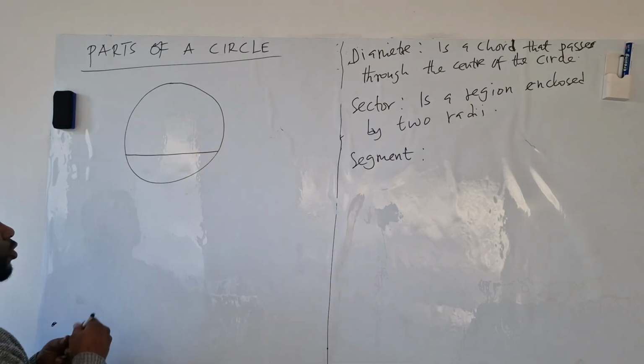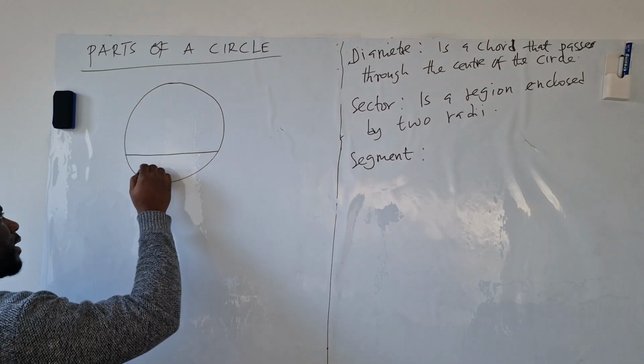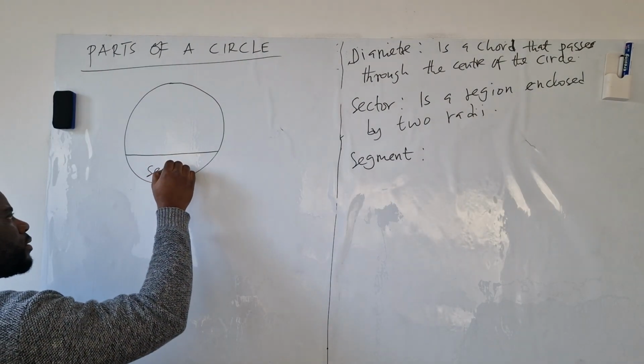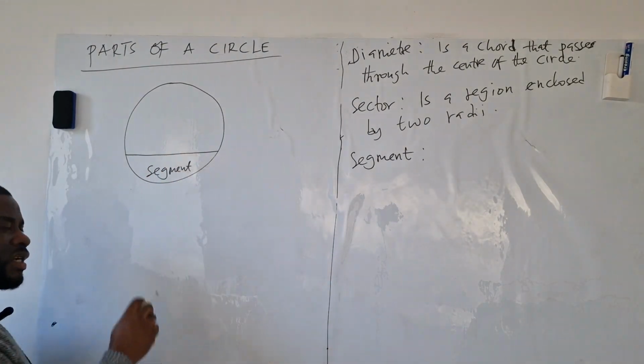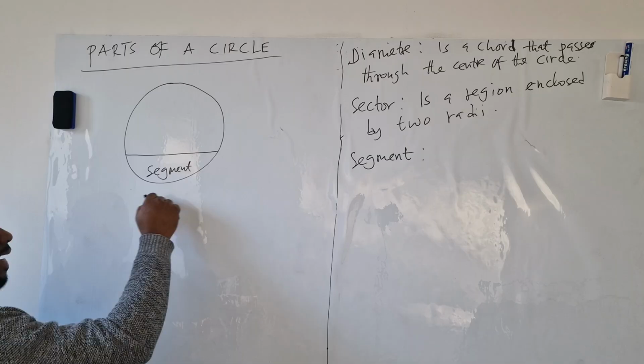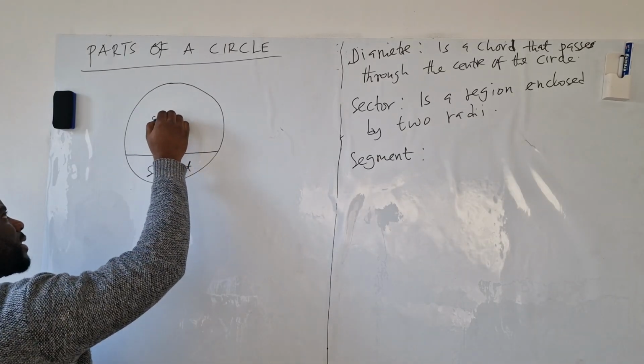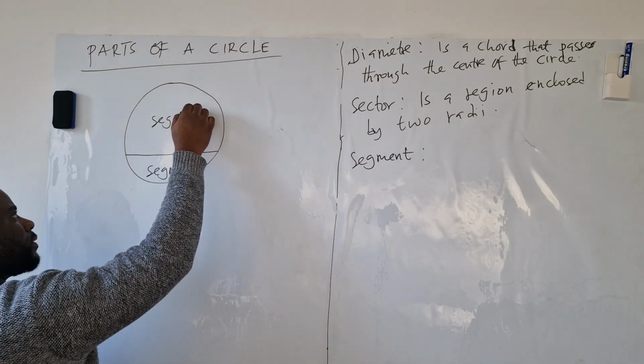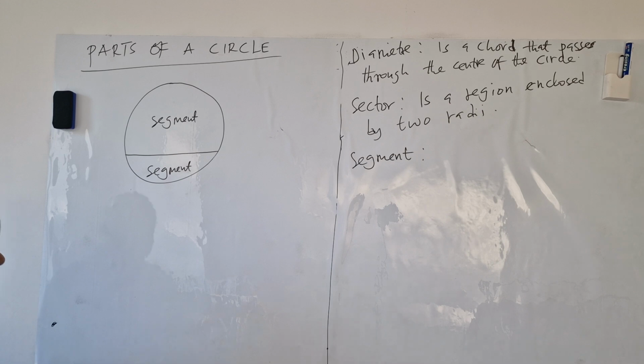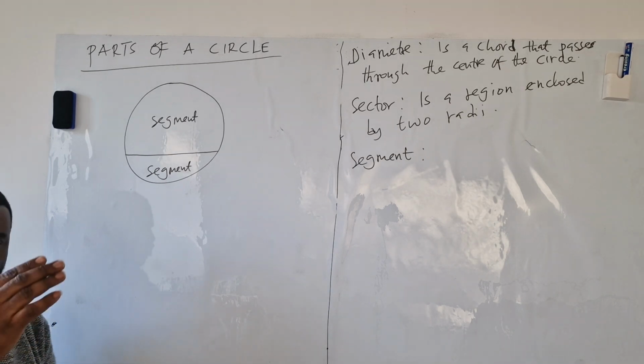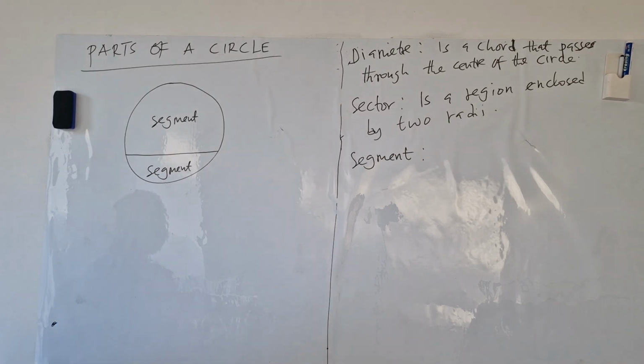That region enclosed by the chord and the arc, we call it a segment. So whenever there's a chord in a circle, it gives rise to two segments.